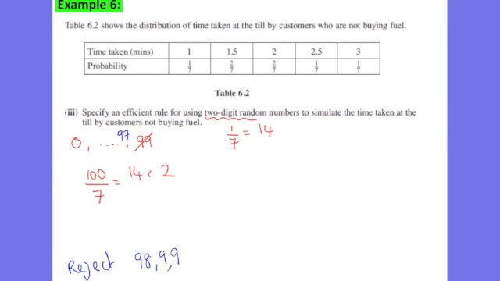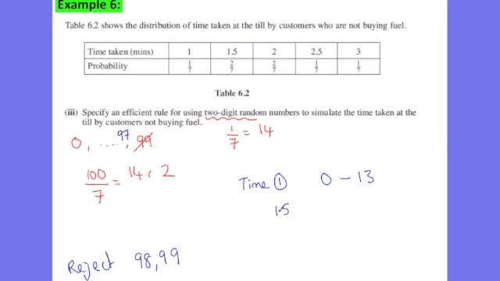So looking here now, we need to set up a simulation for random numbers for 1. So time for 1. This has a probability of 1 over 7. So we're going to take the first 14 numbers. So we will go from 0 to 13. 0 to 13 includes 14 numbers because the 0 counts as a number.